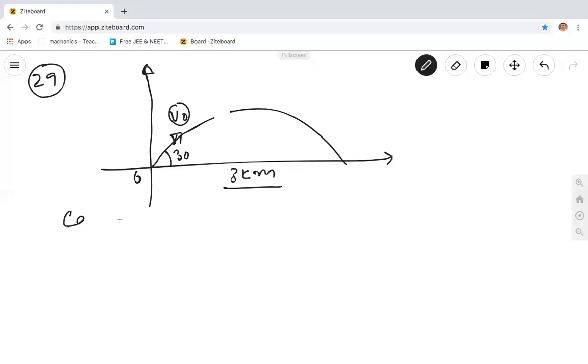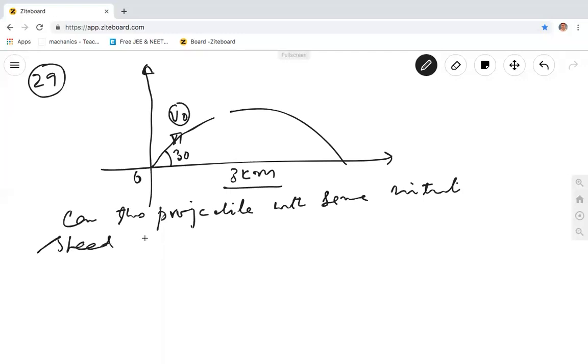can this projectile, with the same initial speed, reach a range of 5 kilometers?